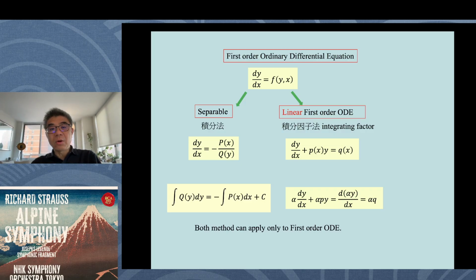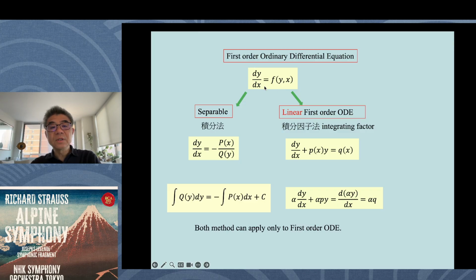That's almost all I have to say today for this section. But let me summarize with a very clear diagram. For first order ODE, the most general form could be written as dy/dx equal to a function of y and x. There is no general solution to this general form.